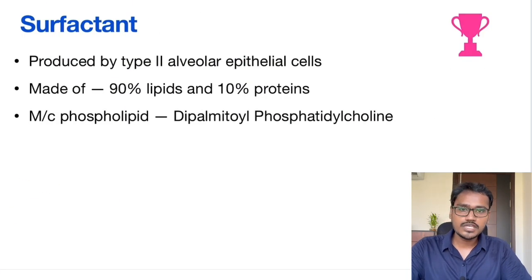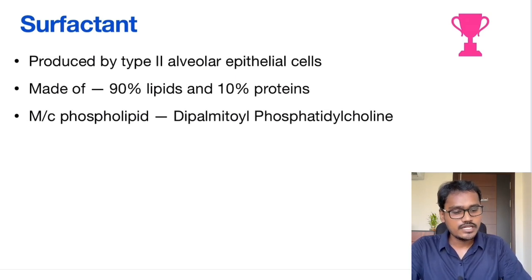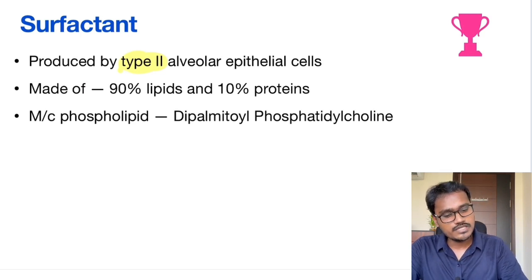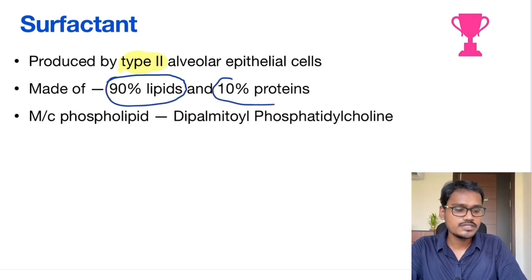Then coming to the most important protein of this entire functional anatomy, that is our surfactant protein. And already, as we have mentioned, it is produced by the type 2 alveolar cell. And what is it made up of? It is made up of majorly 90% lipids and just 10% proteins. This is again an MCQ.